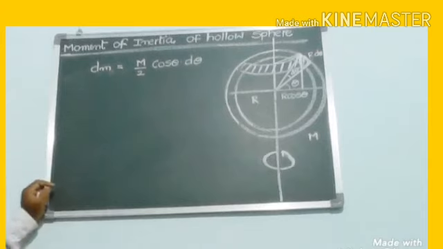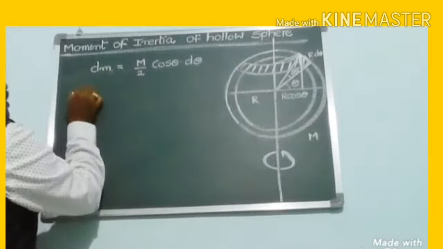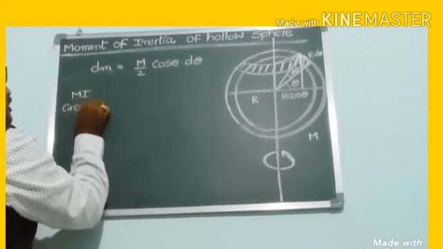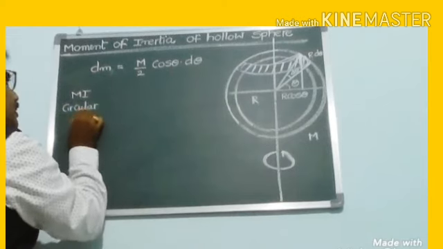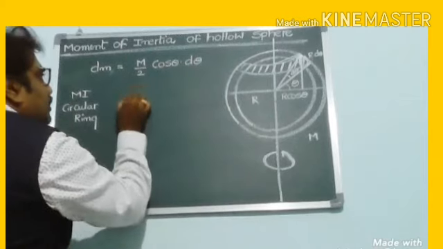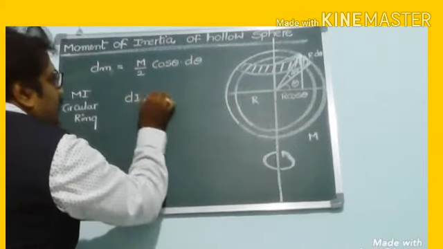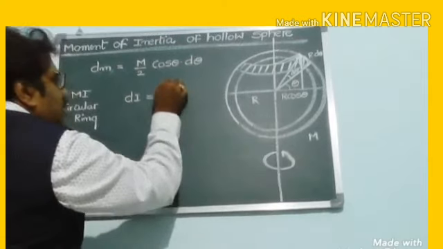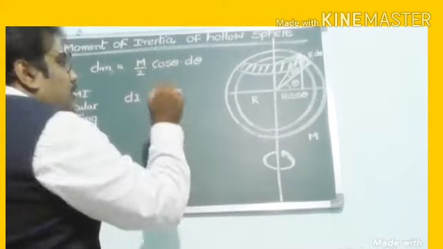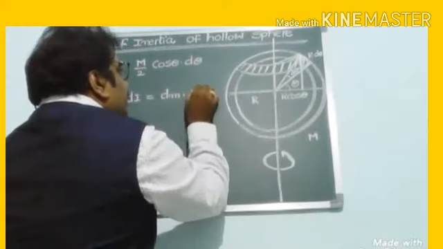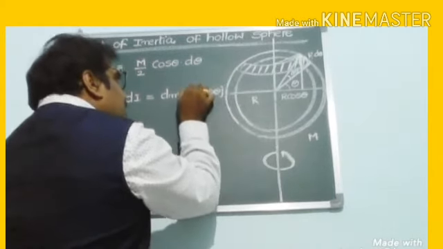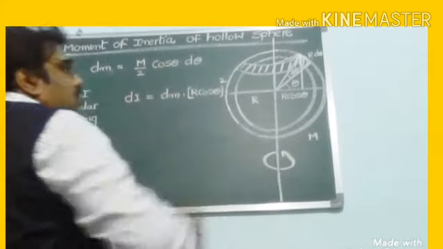Now calculate the moment of inertia of the circular ring. dI equal to dm, where dm is the mass of the element, that is the spherical ring, into the perpendicular distance, which is nothing but the radius of the spherical ring, r cos theta, whole square.